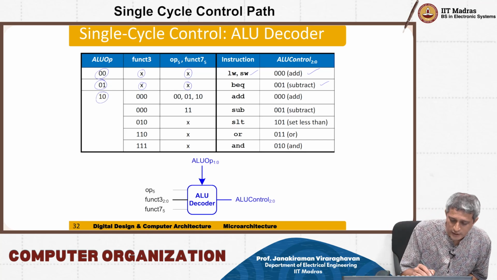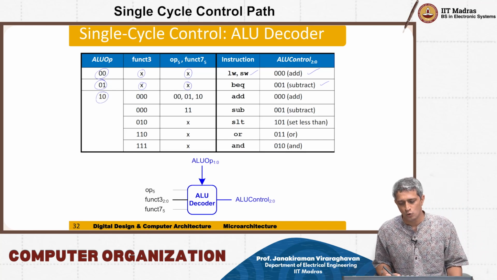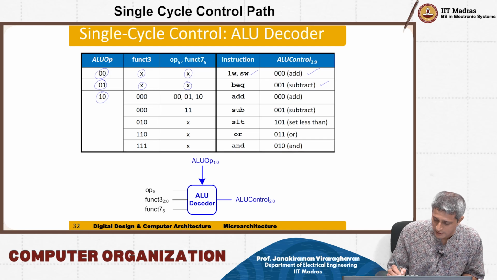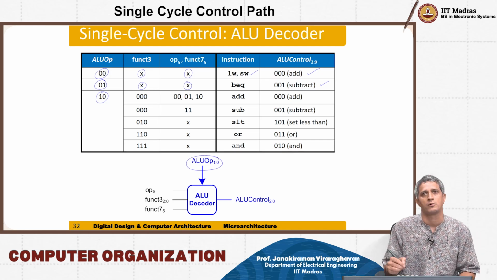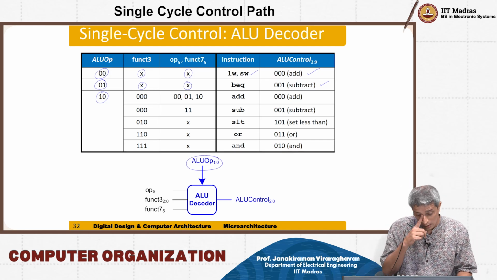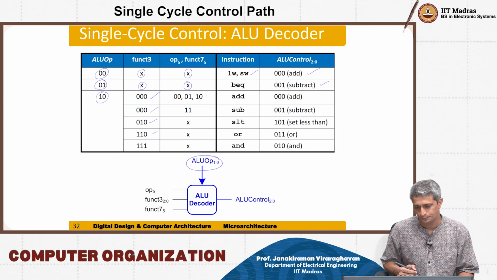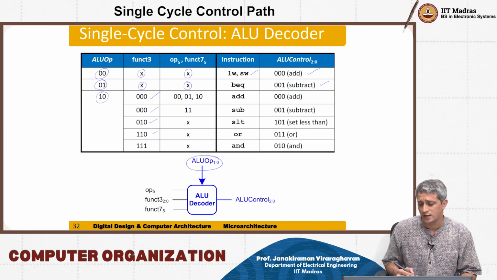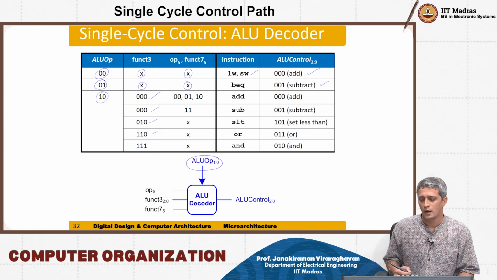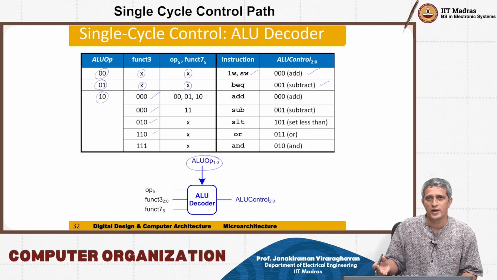Now if it is 1 0, remember ALU op is an input to this decoder, the ALU decoder. Now you are going to use the function 3 like this, and the OP5 and function 7 bit 5 to determine whether you want to do various operations.